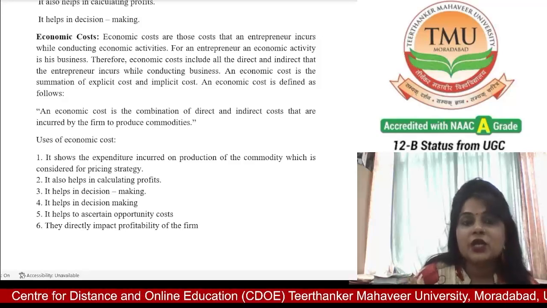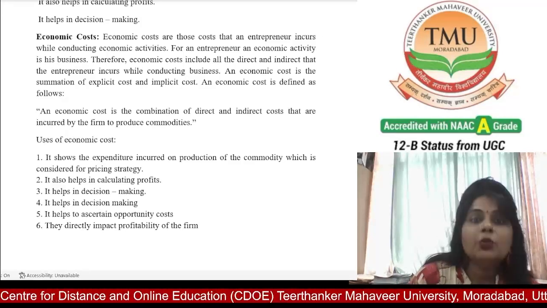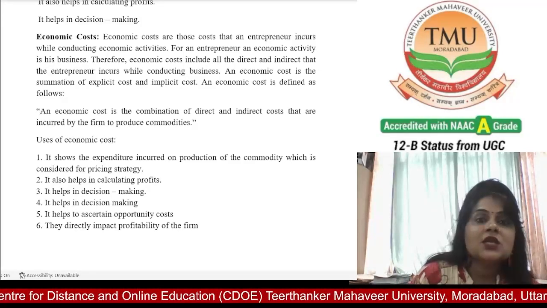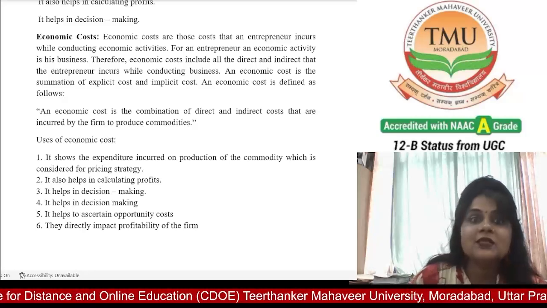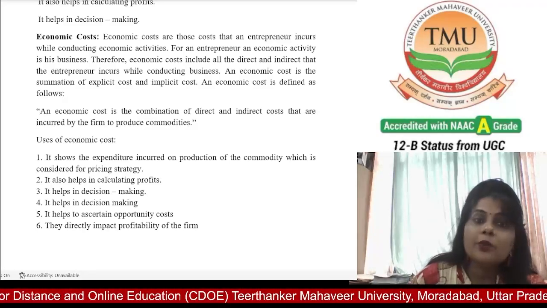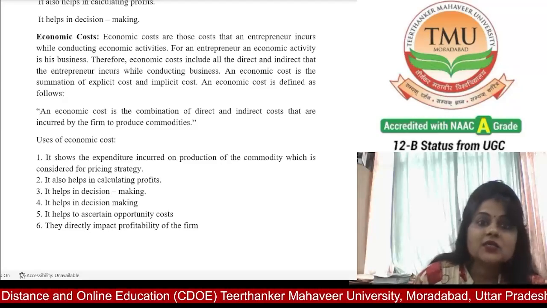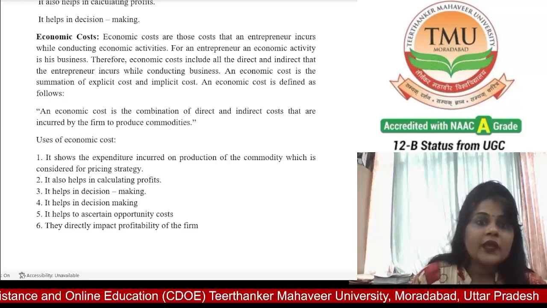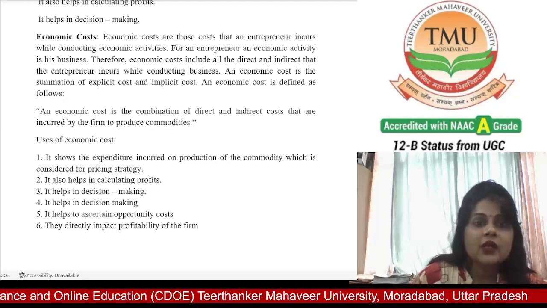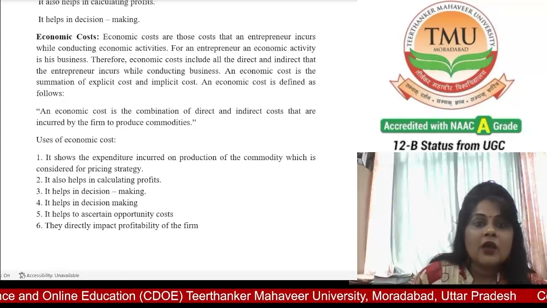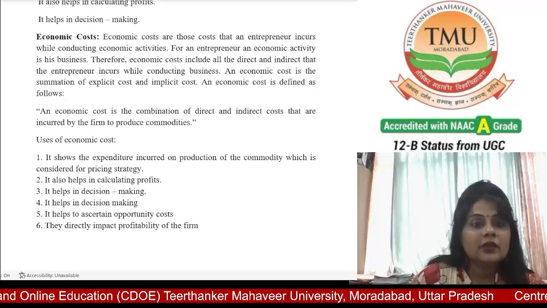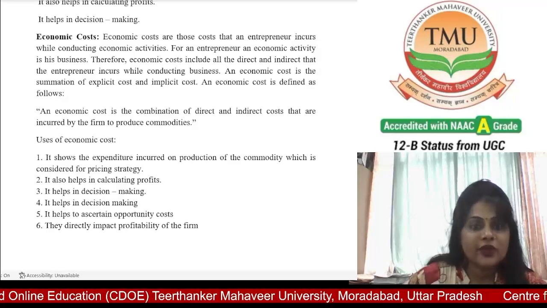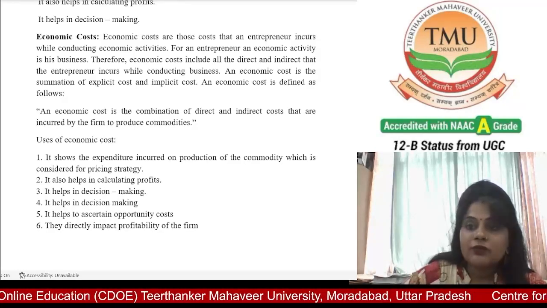It shows the expenditure incurred on production of the commodity, which is considered for pricing strategy. I have also discussed it in the examples. It also helps in calculating profits. It helps in decision making. It helps to ascertain opportunity cost and it directly impacts profitability.